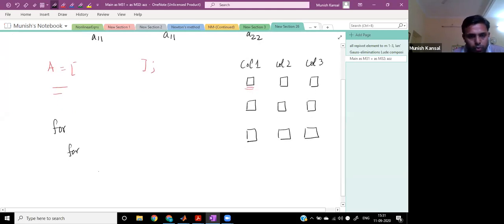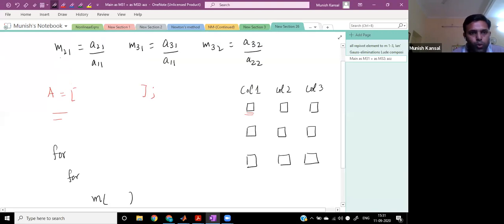So we first write down M21. What is M21? M21. Now in MATLAB, you will not write it like M21, right? You will write M(2,1), right? So generally I want to write it for I and J. So first of all, let me write down M21. This will be A(2,1) by A11.